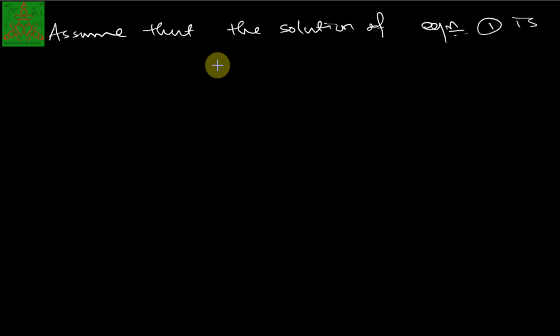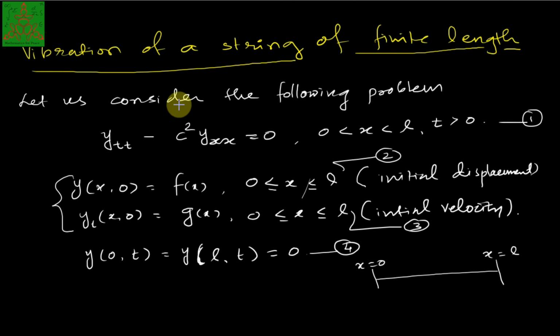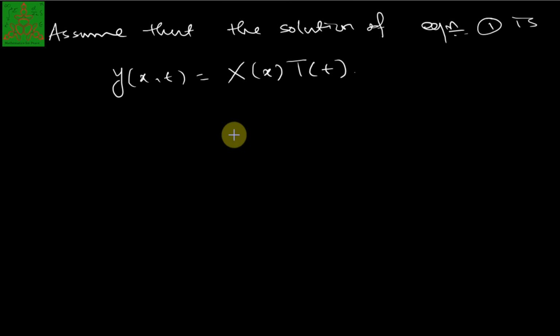So the solution of equation 1 is y of x,t equal to capital X of x and T of t. Now we need to substitute this value of y into equation 1. For that I need to calculate ytt and yxx.